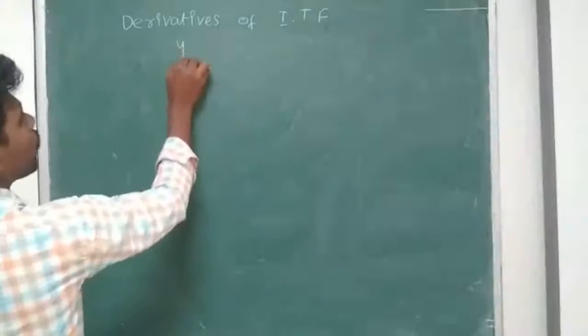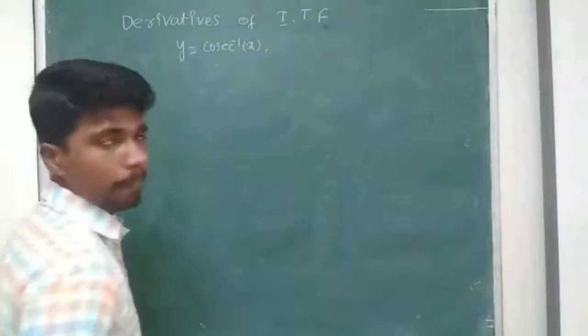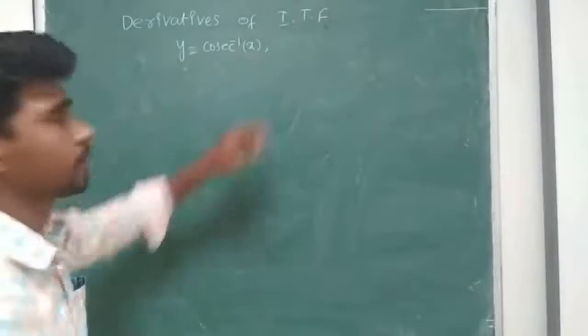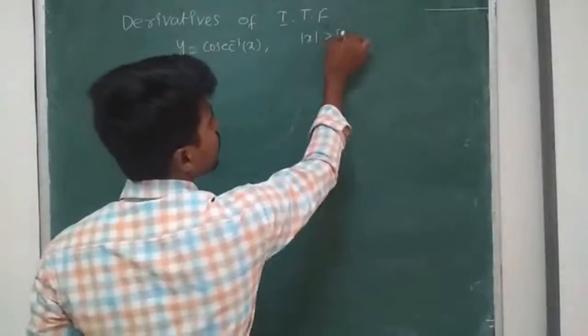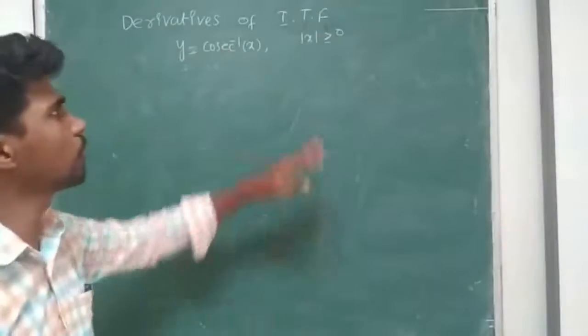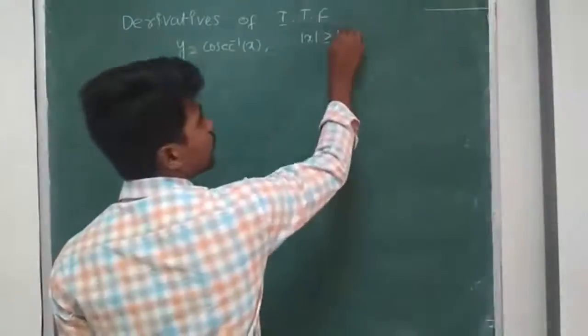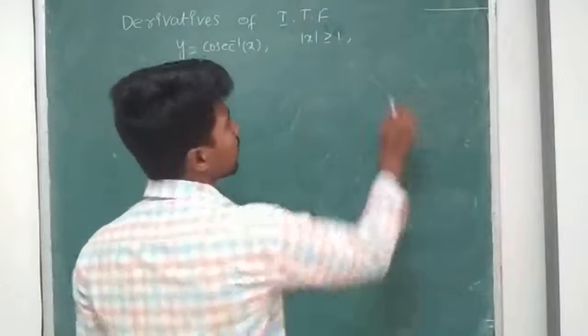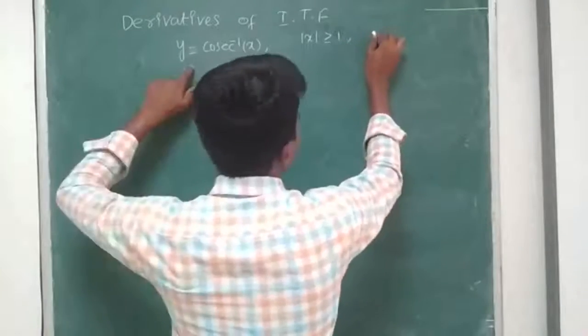So I am taking y as cosecant inverse x. So what is the domain of x? Modulus of x is greater than or equal to, sorry, greater than or equal to 1. And what is the range of cosecant inverse x?